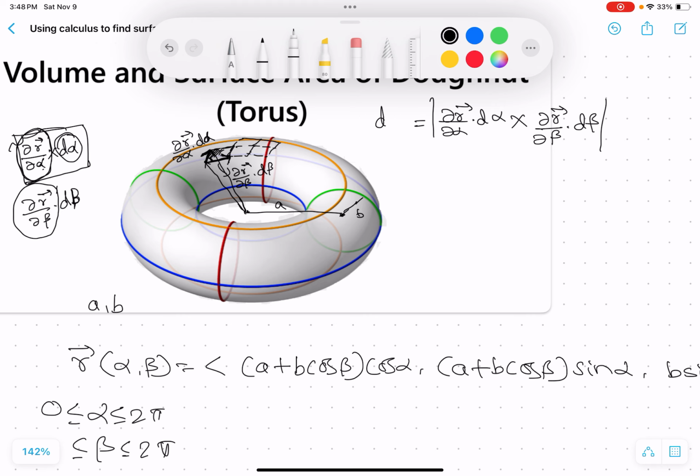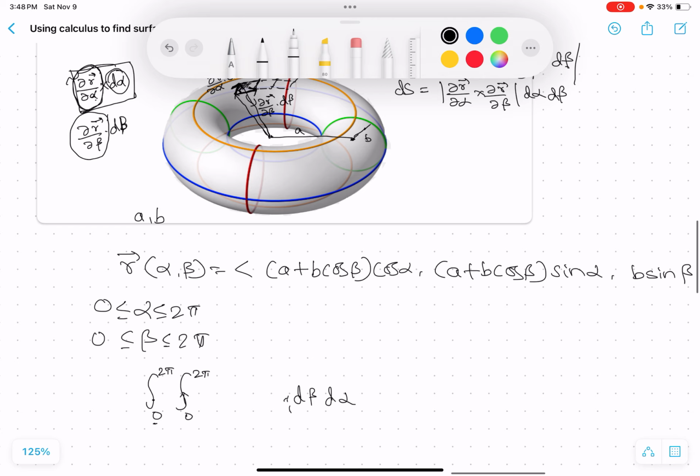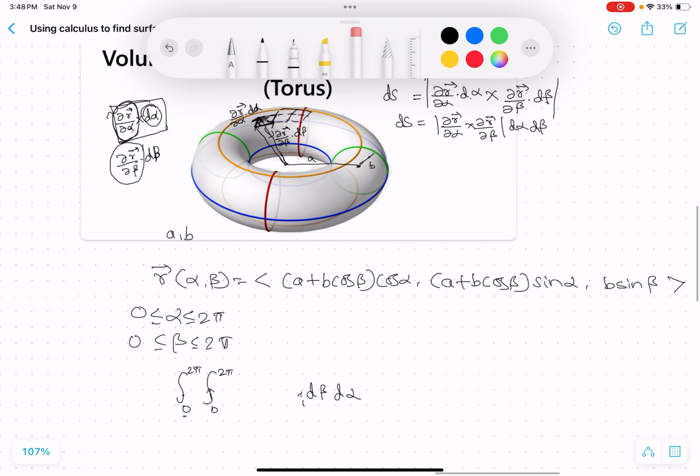We know that these two are constant, so they can just go out. So we get small change in r due to alpha cross small change in r due to beta times d alpha d beta. This is the small change in surface area. Now, while alpha goes from 0 to 2 pi and beta goes from 0 to 2 pi, we will integrate all the surface areas so that we get all the surface area of the torus.